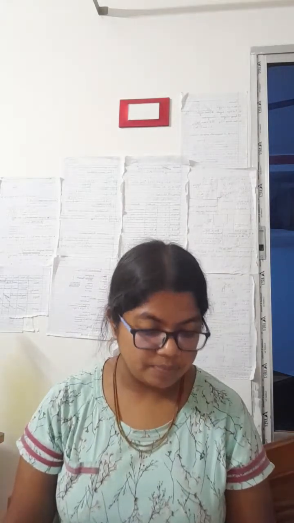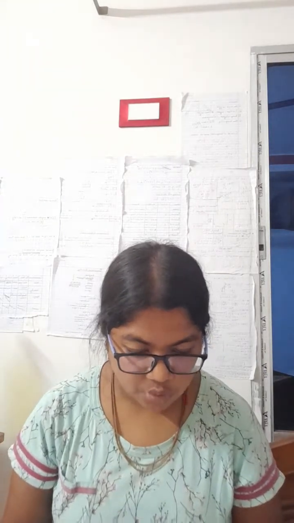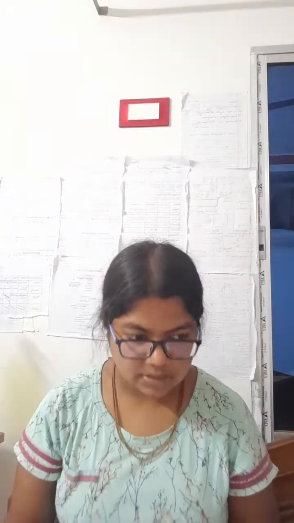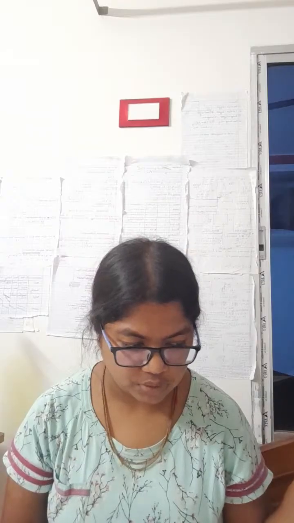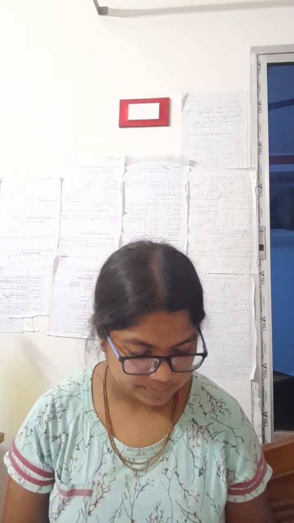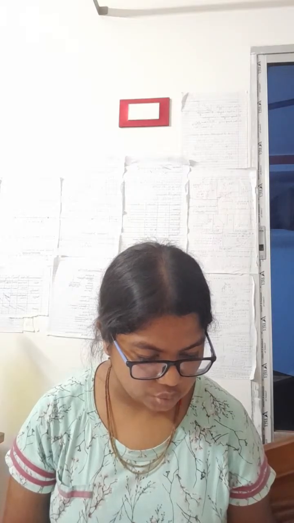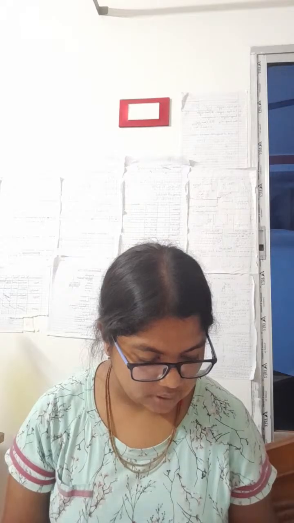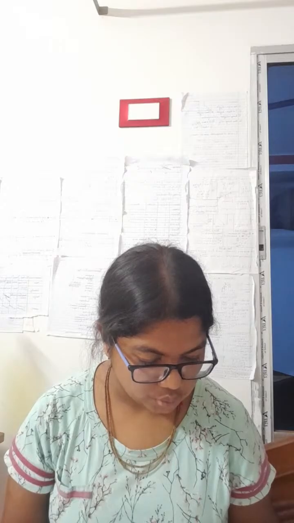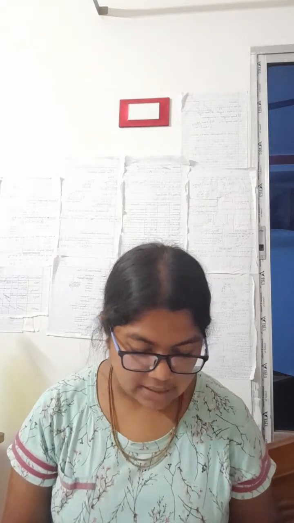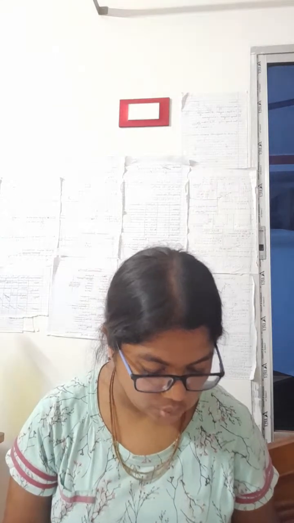So η to the power 5 means hapticity 5. That is ferrocene. And dibenzene chromium is Cr(η6-C6H6)2, and its hapticity will be 6.